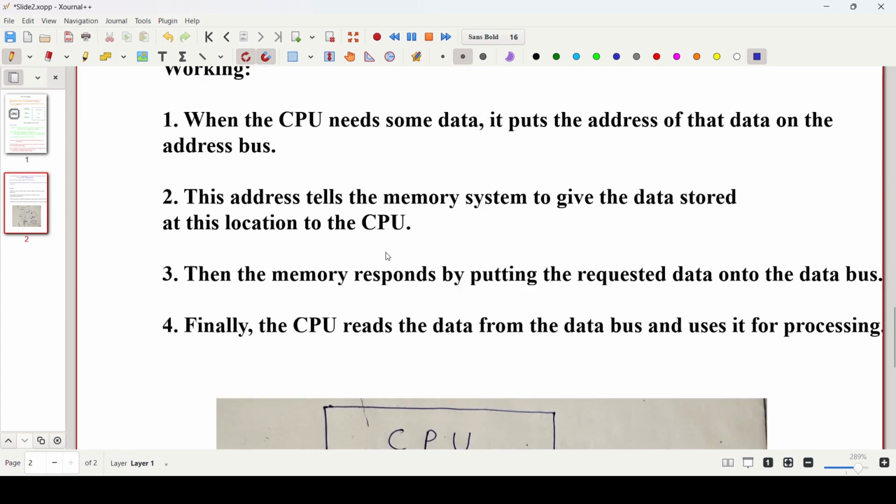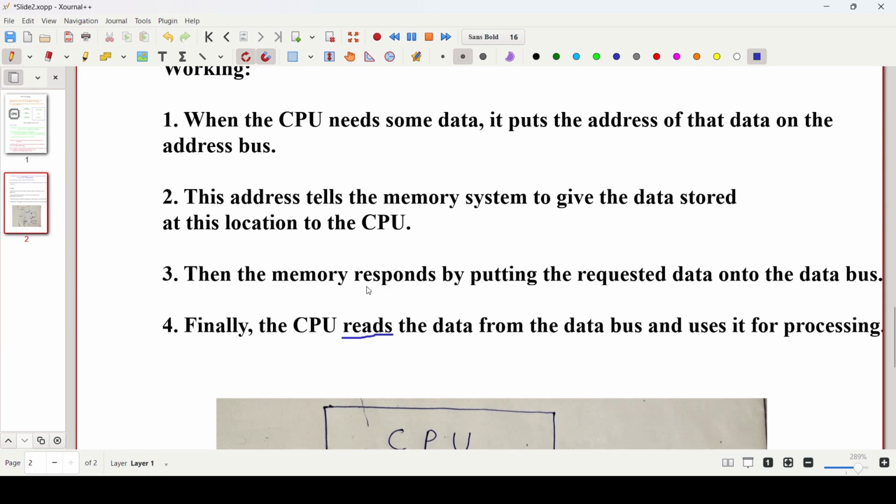So what is happening here: the CPU loads the address, like 100, on the address bus. This address tells the memory system to give the data stored there. And what kind of operation does the CPU want to perform here? That operation is reading the data, so the read signal will be loaded on the control bus, indicating that the CPU wants to read the data.